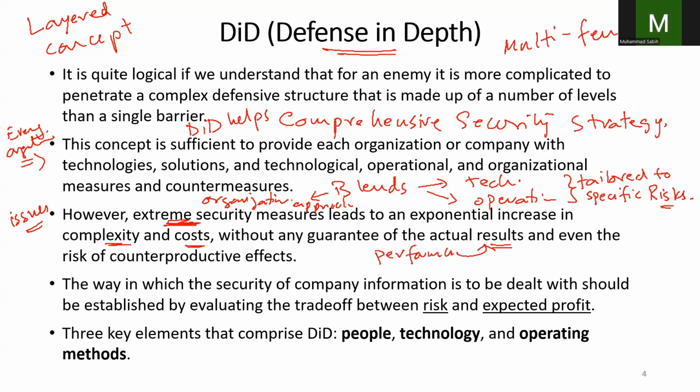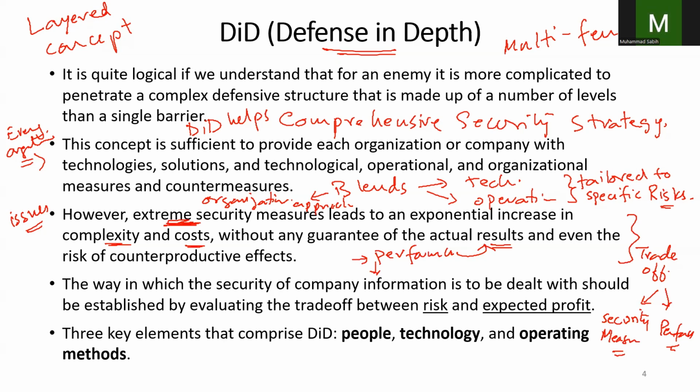And when you make more restrictions, the performance may go down. So there is a trade-off between security measures and also the performance. We have to be careful about this.